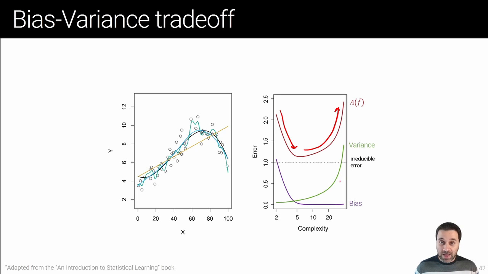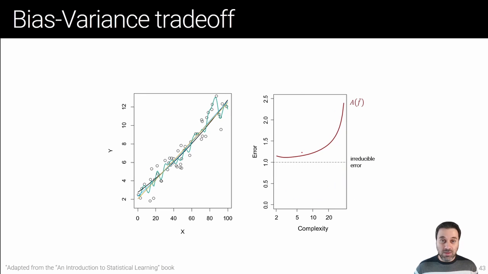It will have a very high variance, meaning that, for example, the green model over here looks like this for this training data set. If we change the training data set, the model is going to look completely different to this one, and it's going to have a high variance. The model varies a lot across training sets. So what would be the optimal model? Somewhere around here, the one minimizing the error on new data.